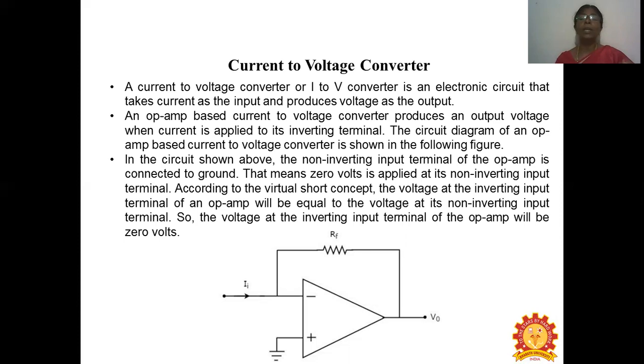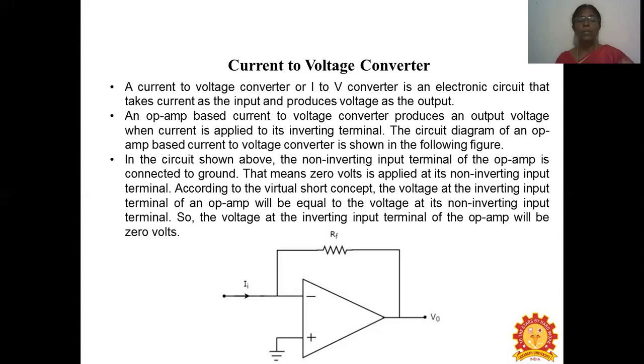So when we are applying the current to the inverting terminal of the op-amp, only then does the circuit produce the voltage as output. In this circuit, the non-inverting input terminal of the operational amplifier is connected to ground.